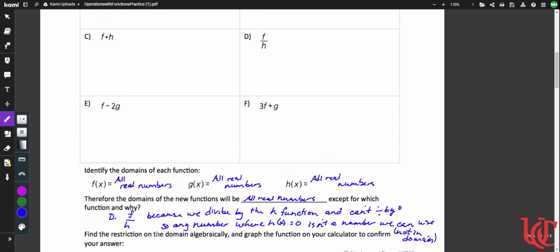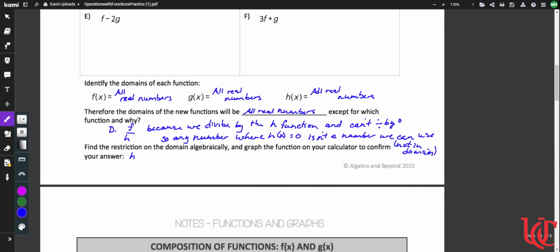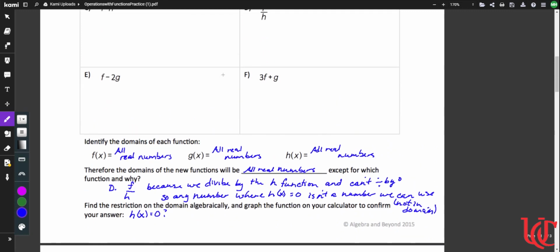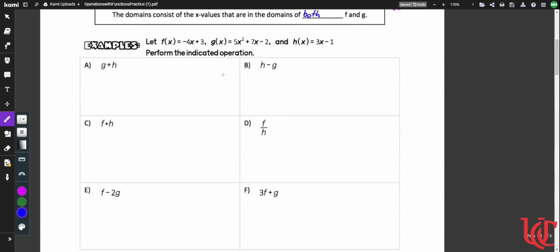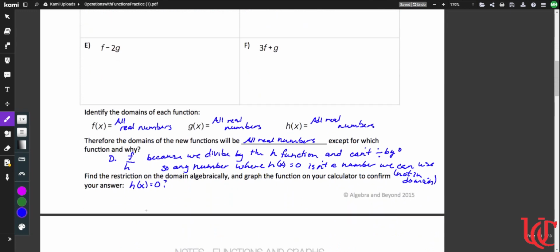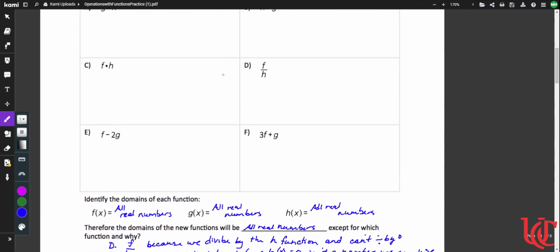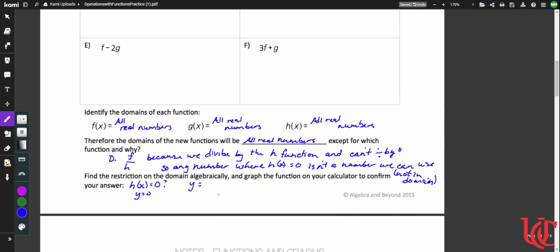So where we're doing it is we're going to say, where does H of x equal 0? So we are going to be solving. Remember that's y, so y equals 3x minus 1. We're going to put in the 0 for y. So 0 equals 3x minus 1.